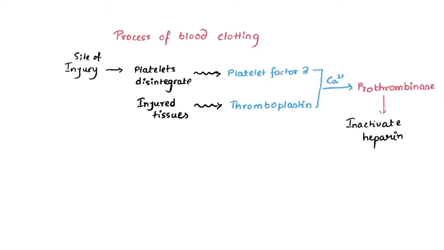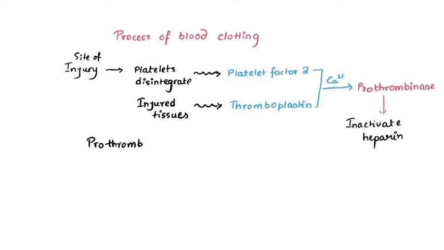It is because of this heparin molecule, which prevents the blood from clotting inside the blood vessels. Now, since the heparin is inactivated by prothrombinase, it cannot do its function, and hence the clotting process begins.